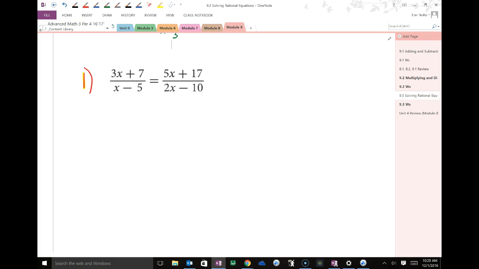Okay, so let's do this. We're going to write out steps, and these are going to be steps for solving a proportion. Step 1. Okay, so my step 1 is to cross multiply.